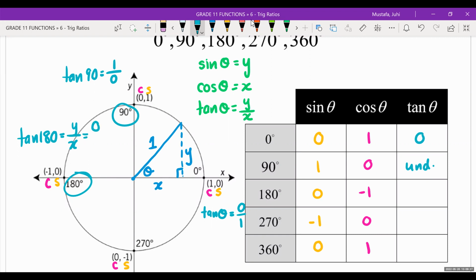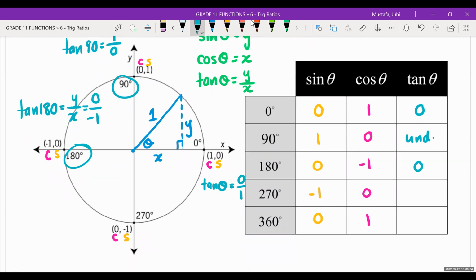So the y value in this case is 0, and the x value is -1. 0 over any number is going to be just 0. 270. So tan of 270 is going to be -1 over 0. -1 over 0 is also undefined. And then the 360 is the same as 0. So this will also give us an answer of 0.